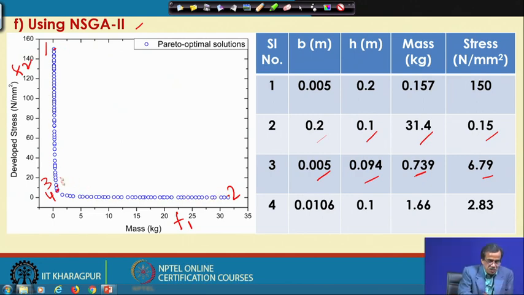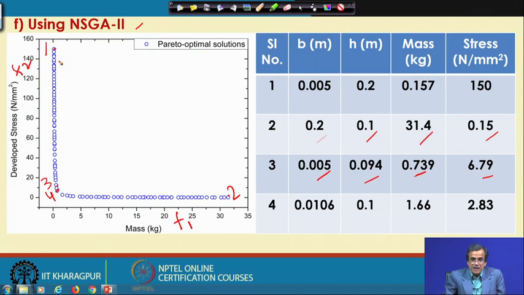Now, the user can choose any one according to his choice, and all the solutions are optimal solutions with respect to different weightage or different weights on the two objective functions, f1 and f2. Out of all the possible optimal solutions, the user can select any one.